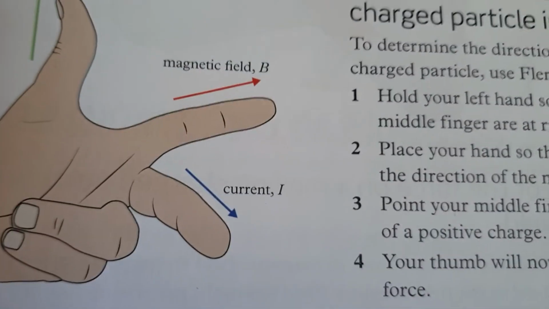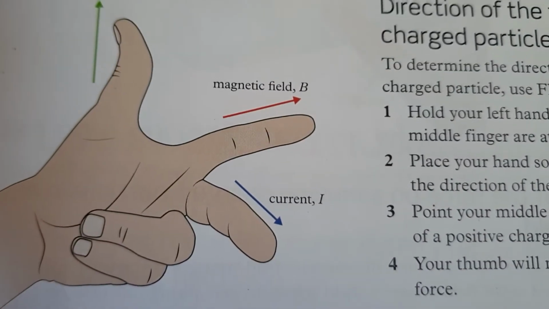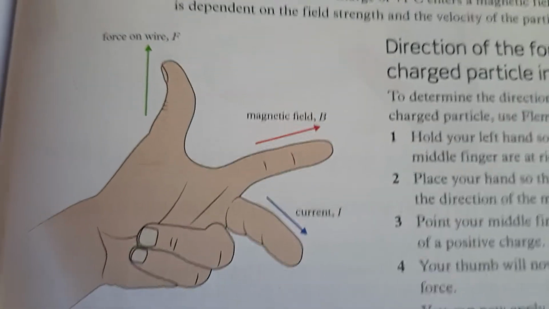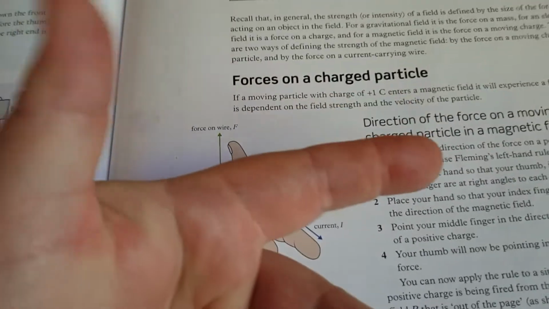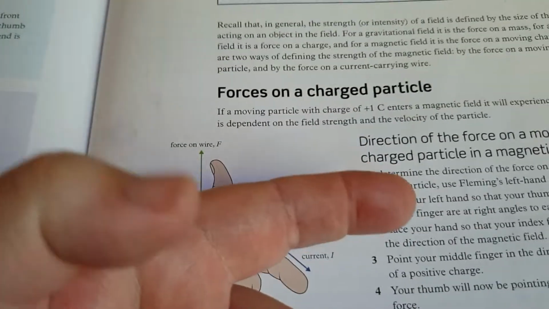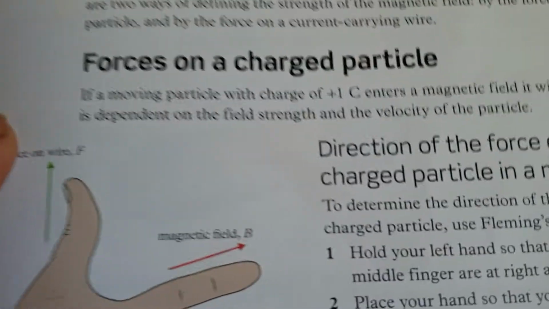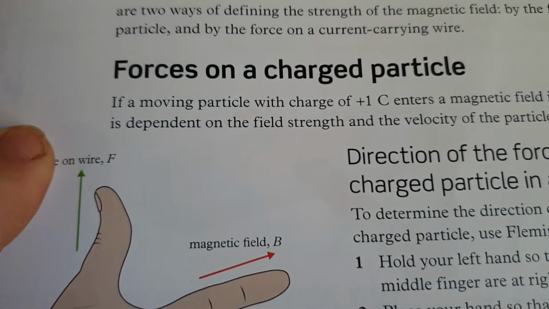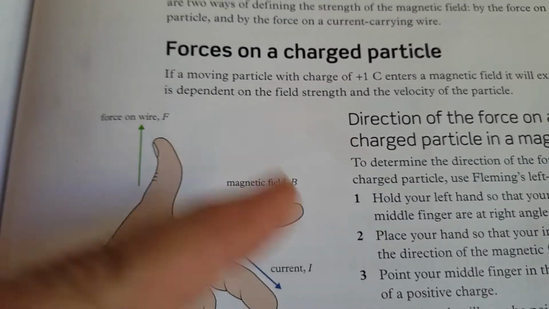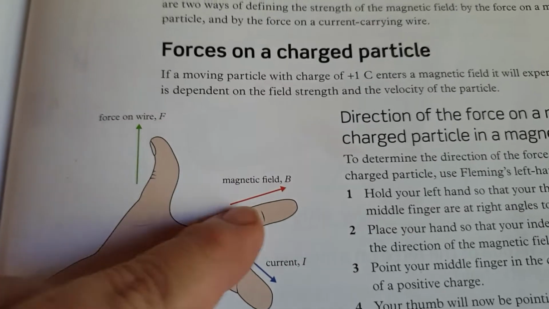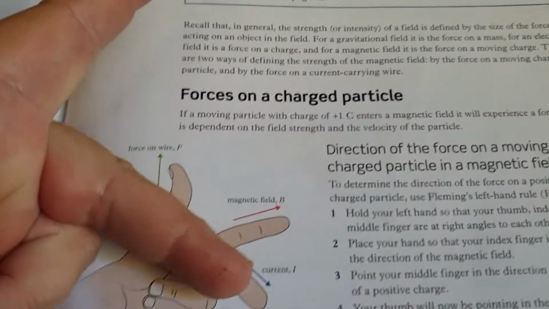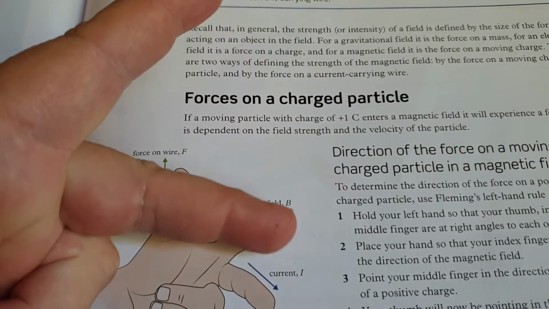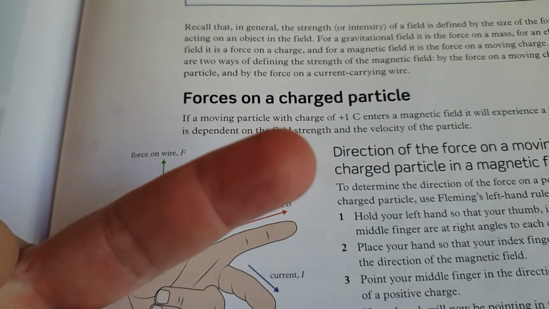It's down the bottom here. I was trying to think of a way for you to remember it, so I came up with this. Thumb is for force. B, your index finger, is for boogers, magnetic field. And I, the center finger, is for I don't care what you think.